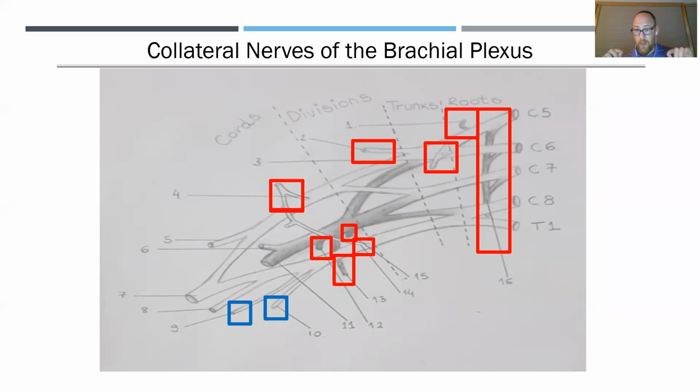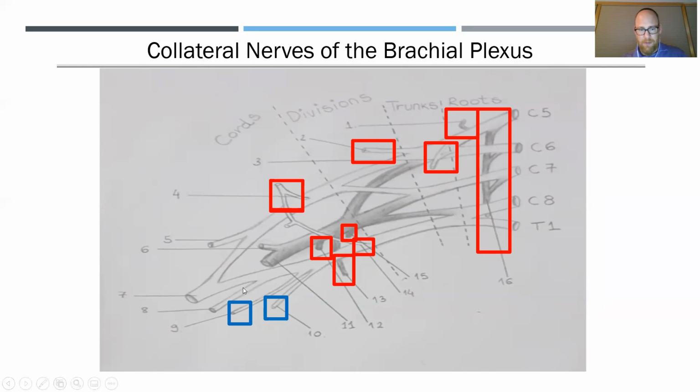Before you freak out, and don't, the collateral nerves are nerves that either innervate the scapular musculature and do not enter the arm, or enter the arm and have a purely sensory function. Two things: a collateral nerve either does not enter the arm but innervates the periscapular musculature, or provides sensation to the arm, but no motor function whatsoever.